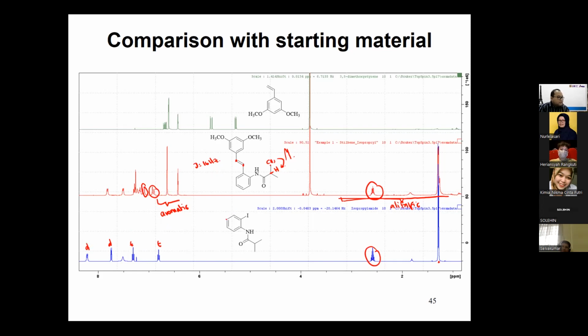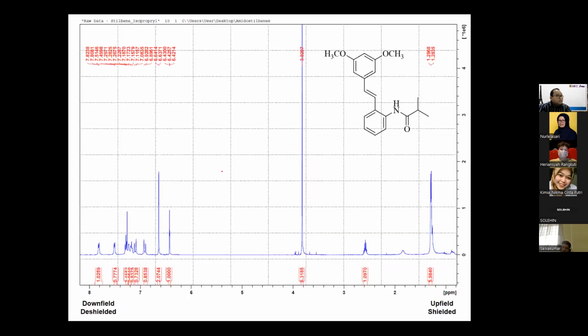For triplets, usually in these positions, because if you extend these positions, you can see this proton becomes doublets, but this proton becomes triplets. Same goes to here, it becomes triplets, and this one becomes doublets. This is the general analysis that we can do first. Next, what can we do?